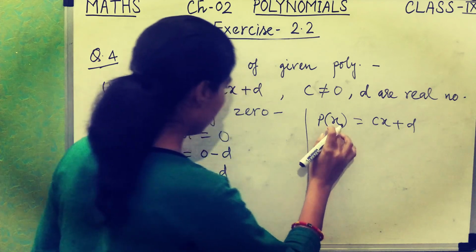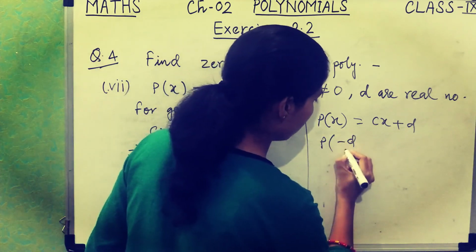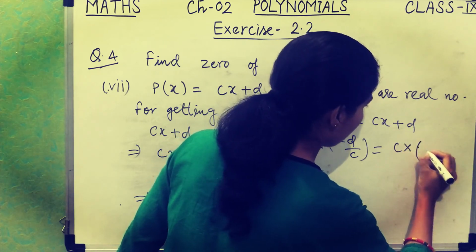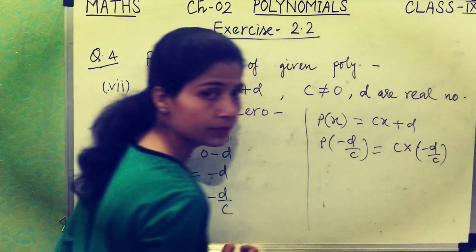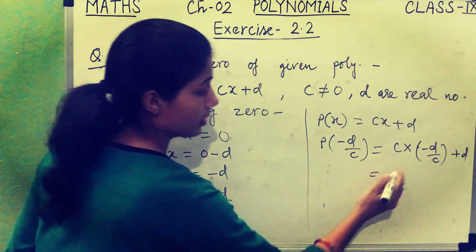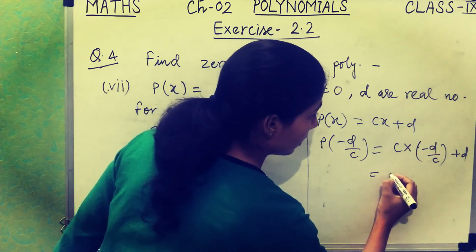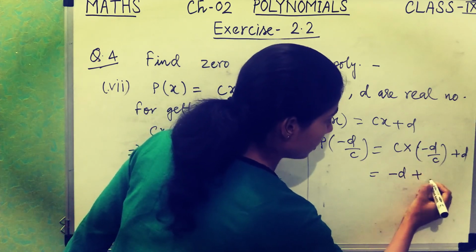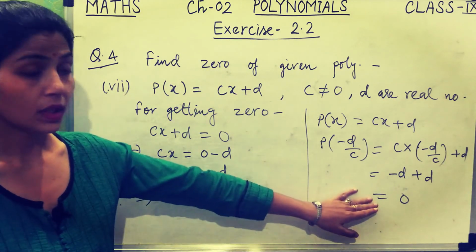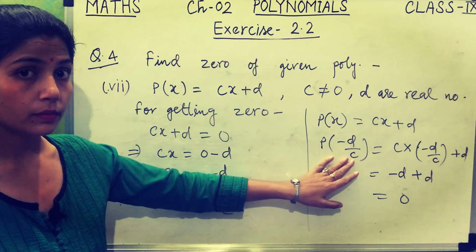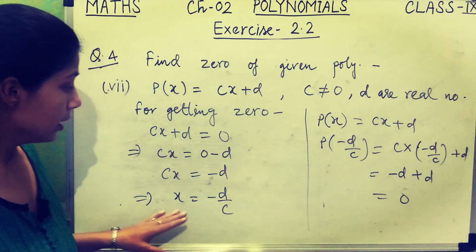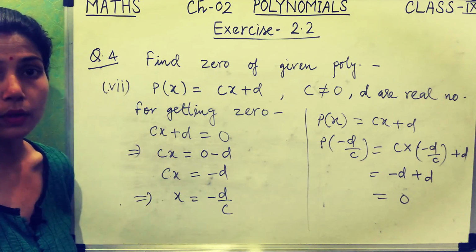If you put -d upon c in place of x, what do you get? c into -d upon c plus d. The c will cancel here, only -d + d will be left, and -d + d will be 0. So as you can see, if you put this value, you are getting the value of the polynomial as 0. Surely it is a zero of this given polynomial.